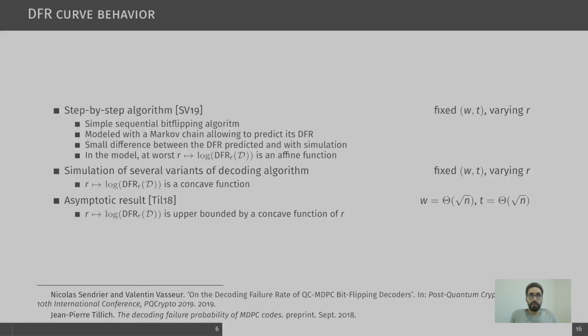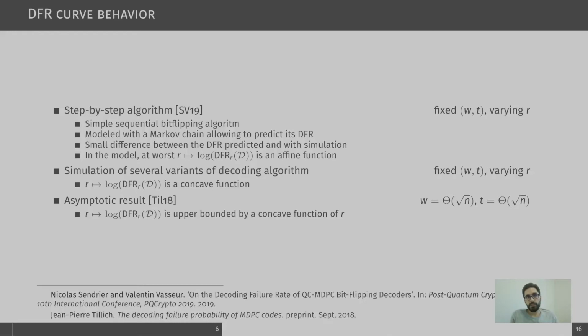So we applied the methodology that I just explained. We fixed W and T so that we have IND-CPA security for some level of security lambda, and we took block sizes in a wide range of values. For each one of these values, we computed the predicted DFR. We did the same thing for simulation: we simulated the algorithm and counted the number of failures that we obtained.